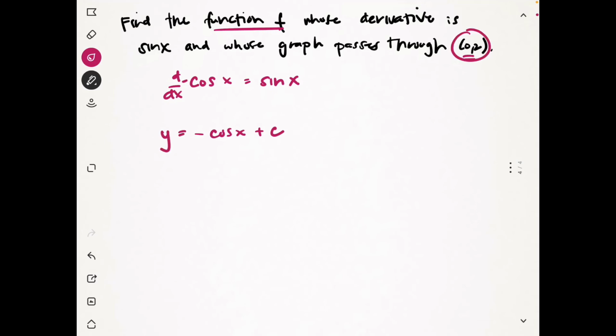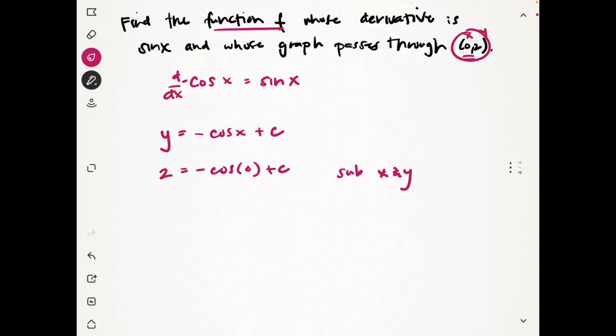They're also giving us this information: it says whose graph passes through (0, 2). So remember that we have an x and a y. We're going to substitute our x and our y. So we have 2 equals negative cosine of 0, plus c.